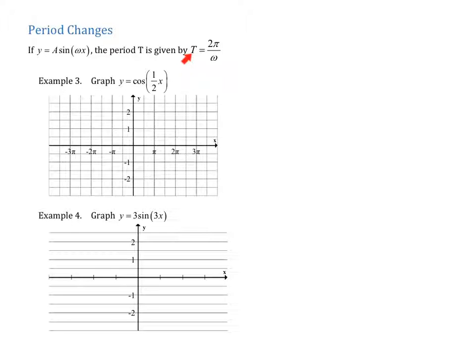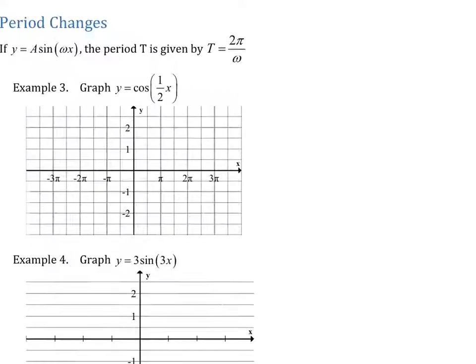The formula for the period, which we call T, is given by 2 pi divided by omega. 2 pi is the normal sine or cosine period, and then we divide it by omega. Instead of multiplying by omega, we divide, and that's kind of taking care of that, doing the opposite thing.